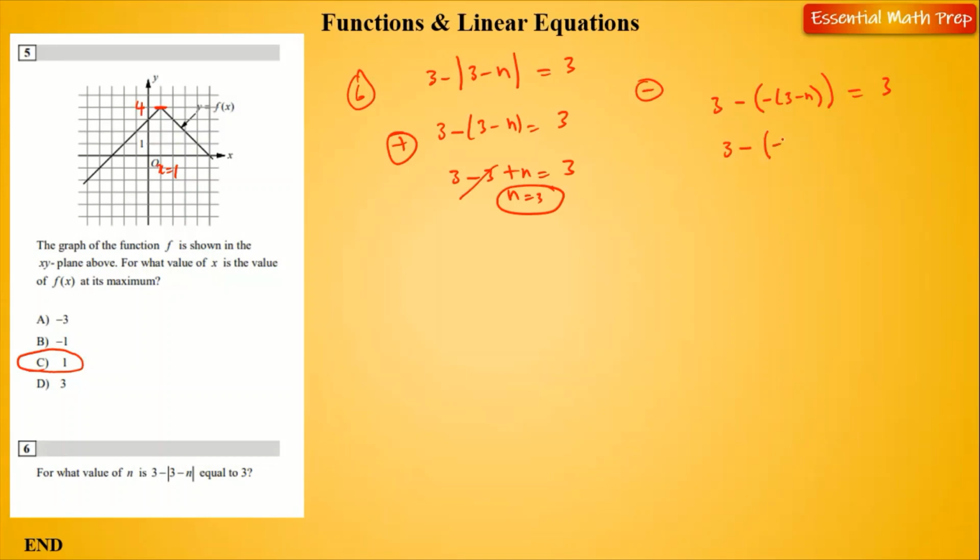So 3 plus 3 minus n equals 3, so 6 minus n equals 3. Negative n equals -3, so n equals 3. Either way, you're going to get n equals 3 as the correct answer.